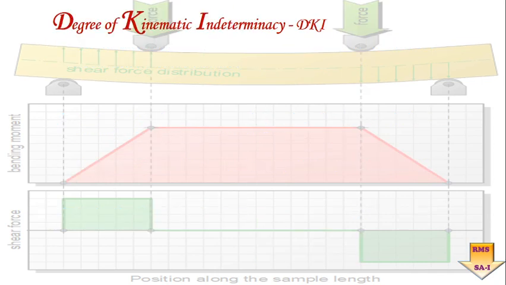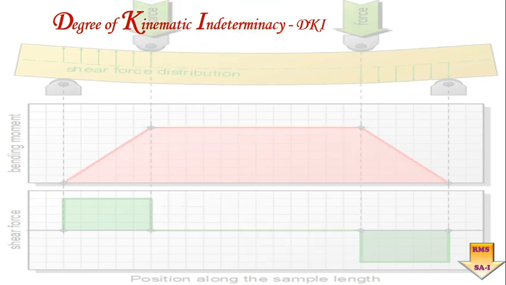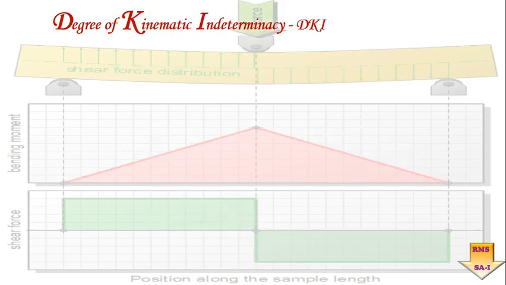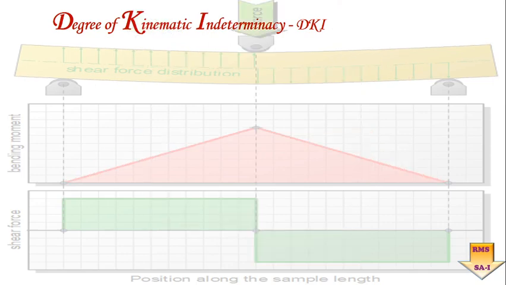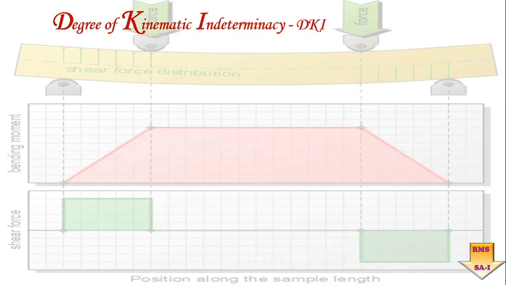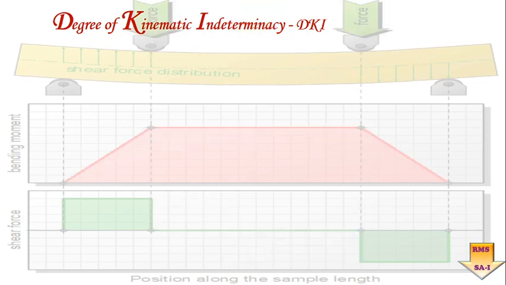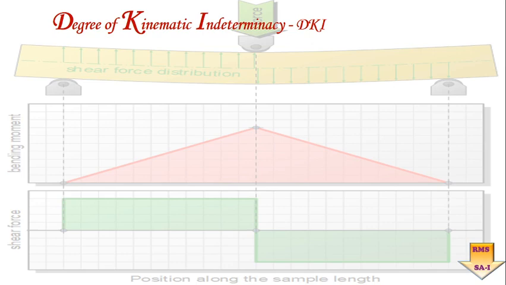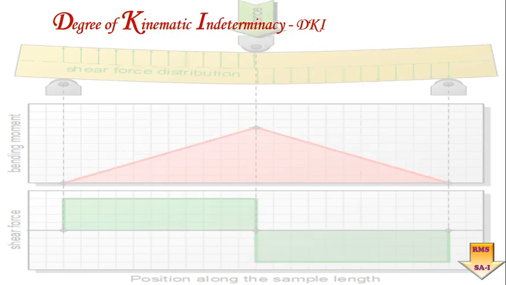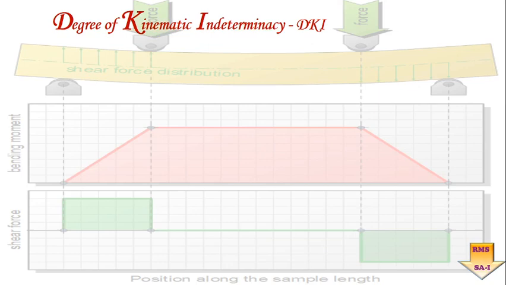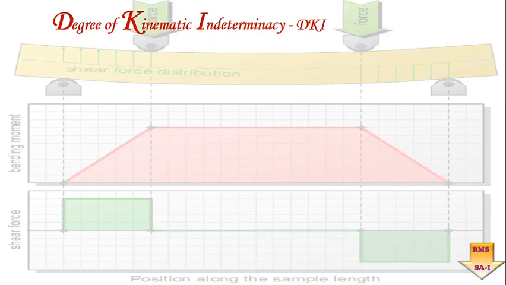Now the most important thing when it comes to a displacement method is to understand the degree of kinematic indeterminacy. As we have already studied the degree of static indeterminacy, similarly we are going to study kinematic indeterminacy. To be very specific, let us understand two words: one is static and another is kinematic. Static is the body under stationary condition, whereas kinematics is a branch of dynamics.